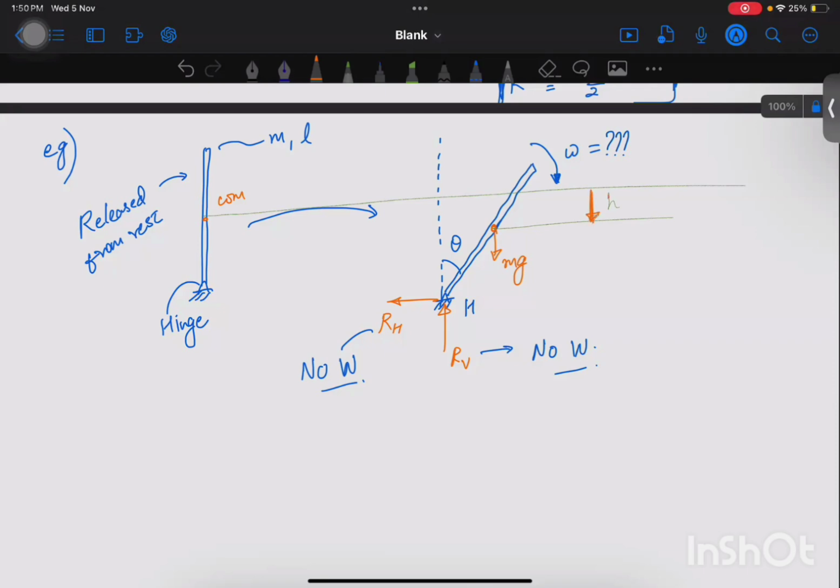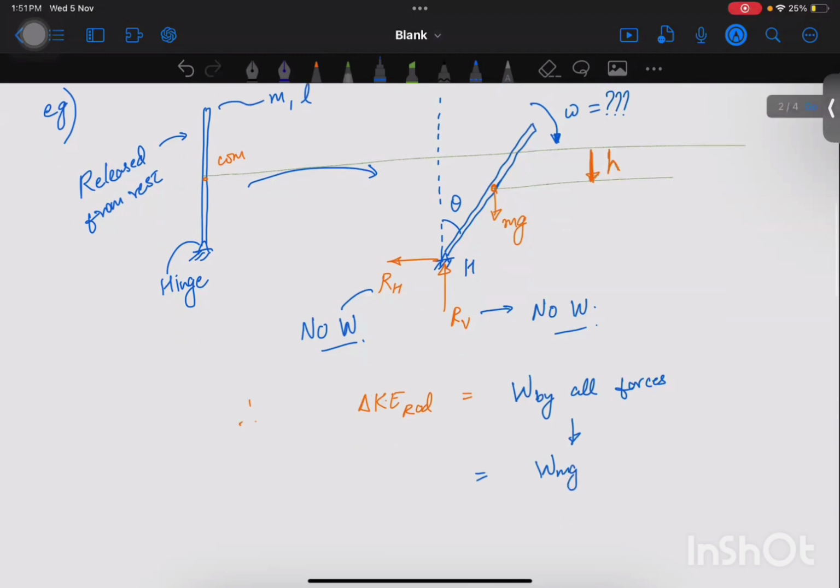And since the displacement is downward, now we'll write that the change in kinetic energy of the rod is equal to the work done by all forces. When we say all forces, it's actually the work done by mg, as no others are going to do any work.